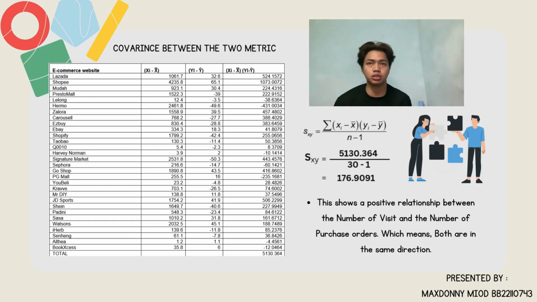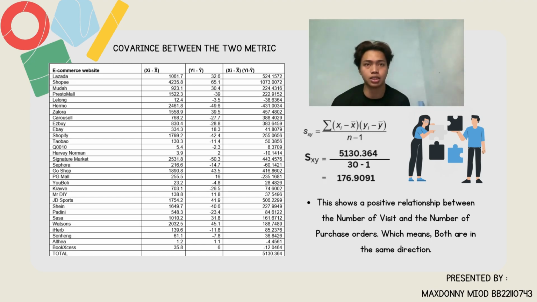To find the covariance between the two metrics, we use the formula Sxy equals the sum of x minus x bar multiplied by y minus y bar, divided by n minus 1.